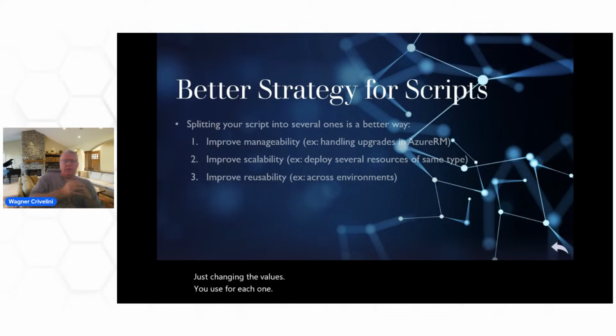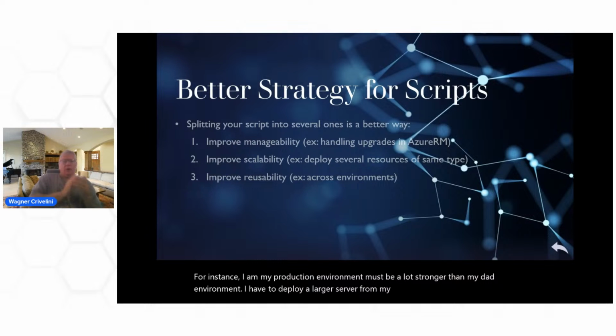For instance, my production environment must be a lot stronger than my dev environment. I have to deploy a larger server for production. Of course, you won't spend money on that in dev. So how can I accommodate all those needs in my script?